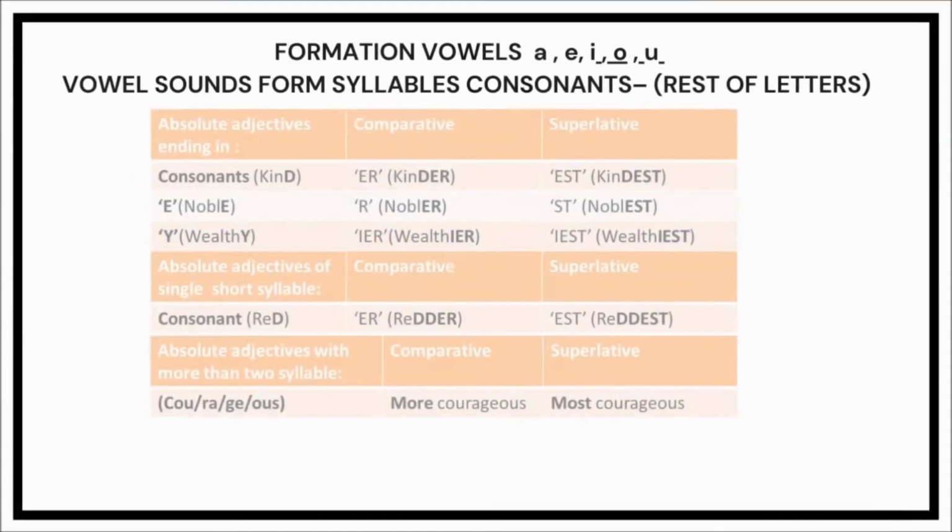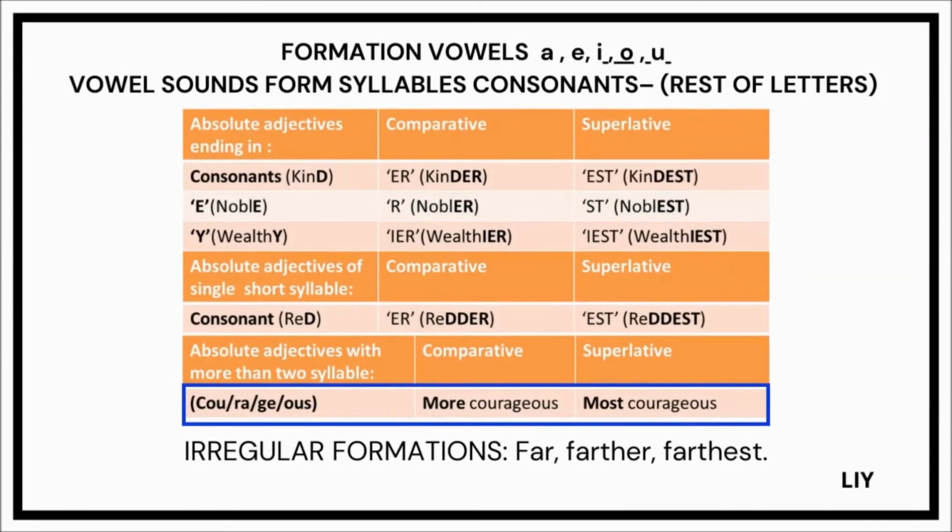Now, what do you do when you have more than two syllables? An example of such an adjective is courageous. If you split up the syllables, you find that there are around four syllables. And to form the comparative degree, we add more to it. It would be more courageous. And the superlative degree would be most courageous.